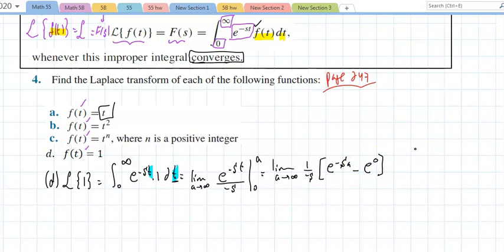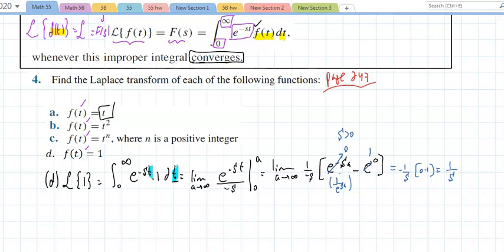And the limit as a approaches infinity, well, this will approach 0 as long as s is positive. Do we see that? Because that's really 1 over e to the sa. If a is positive, that remains in the denominator, right? And since a is positive, that approaches 0, and I would be left with negative 1 over s times 0 minus 1, which will simply be 1 over s.